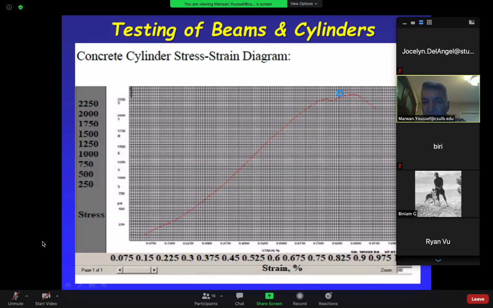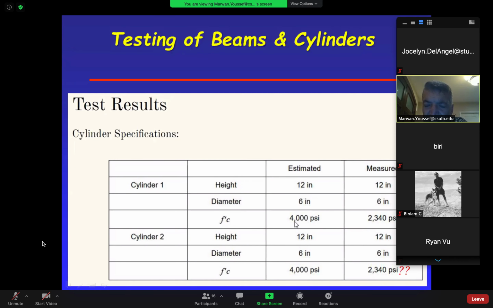We shot for 4,000. We measured 2340. So this is your actual f'c. When you do your post calculation, this is the f'c you're going to use. And that's what's going to give you how strong your beam is. The first calculations we did, we assumed it's going to be 4,000, but it didn't come close to that. And no problem. It's a class, it's a lab. It is what it is.